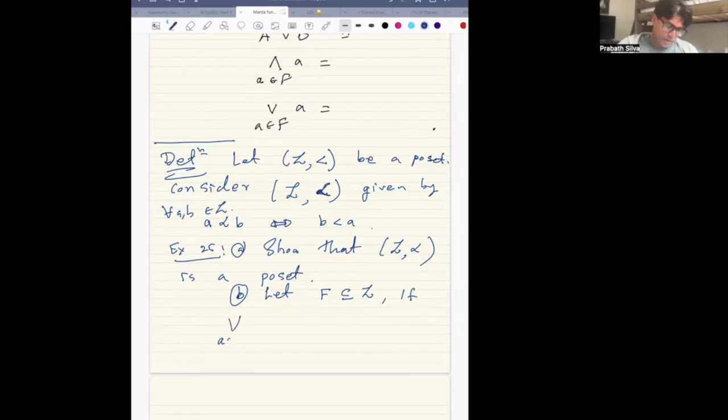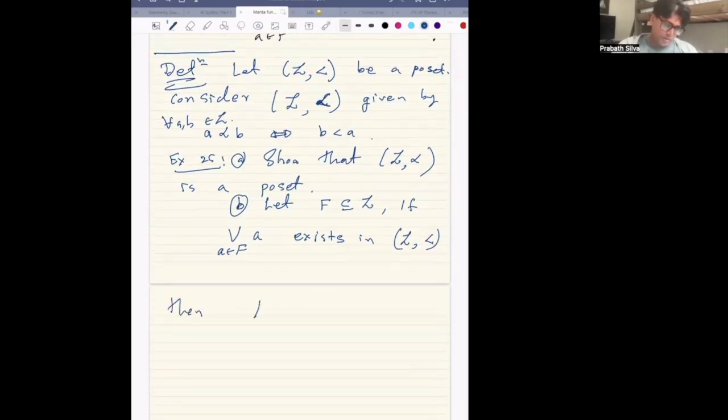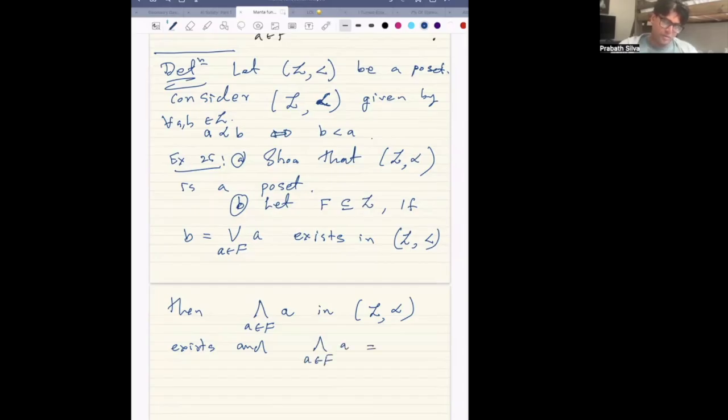Let's say if the union of A in F exists, then this thing in L exists, and let me call this element B, and this thing is equal to... Okay.